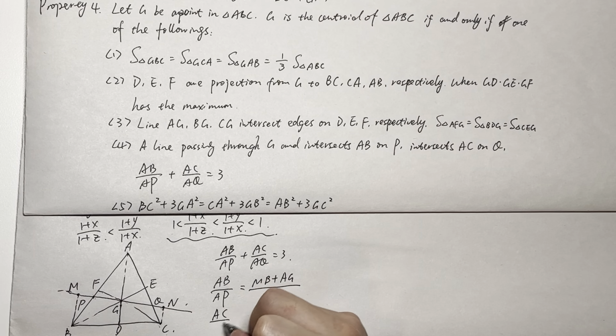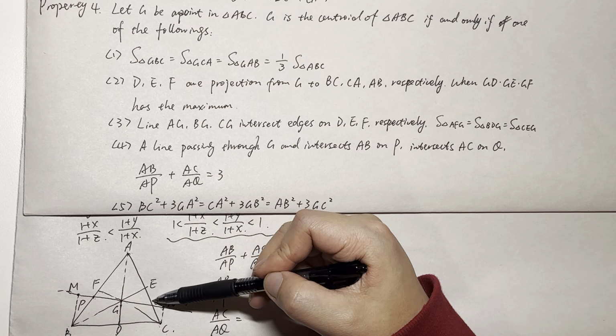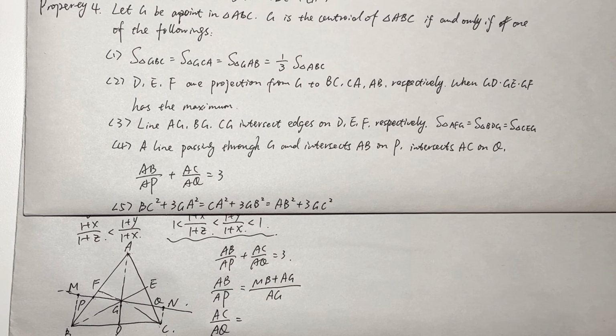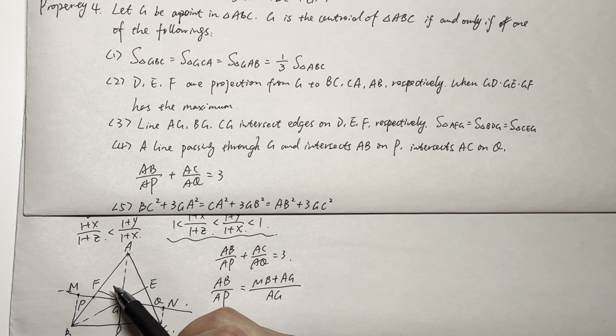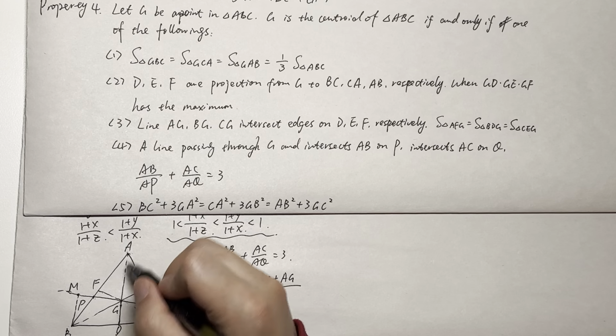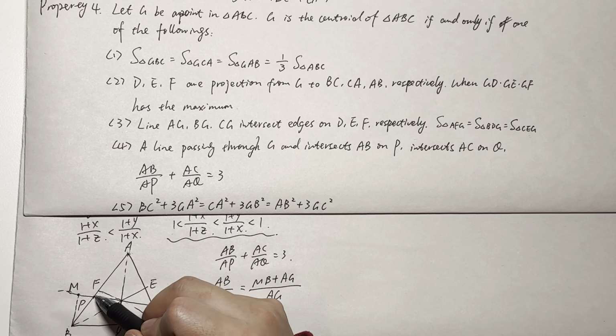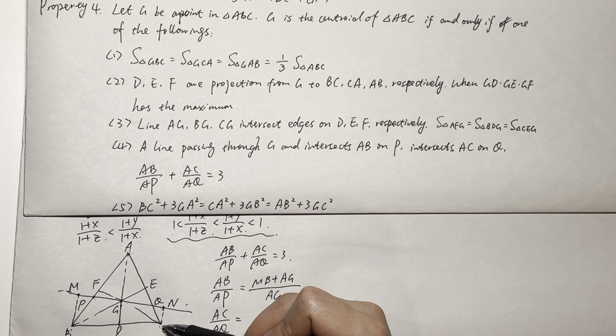And AC to AQ equals, oh, because these 3 are parallel, I forgot to say that, it's straightforward: triangle APG is similar to triangle BPM, right? And also triangle AQG is similar to triangle CQN. So that's why we have it here.